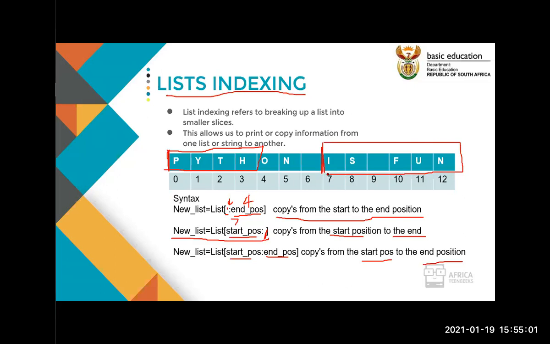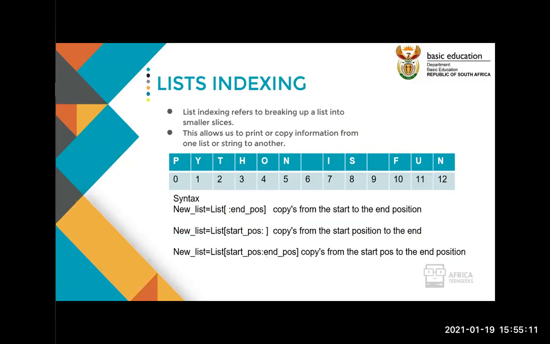So because it copies everything from there, it says is fun. And then finally, I can have a starting position and an end position. So I can tell the computer, okay, start at 3, end at 11.